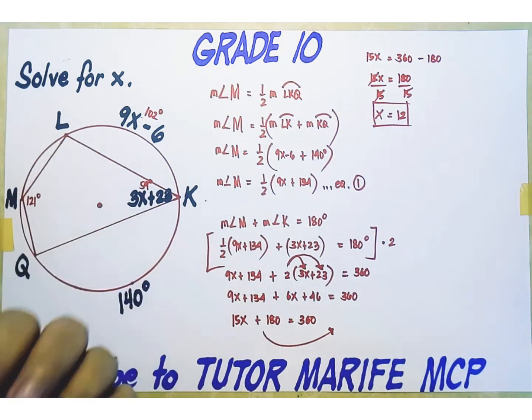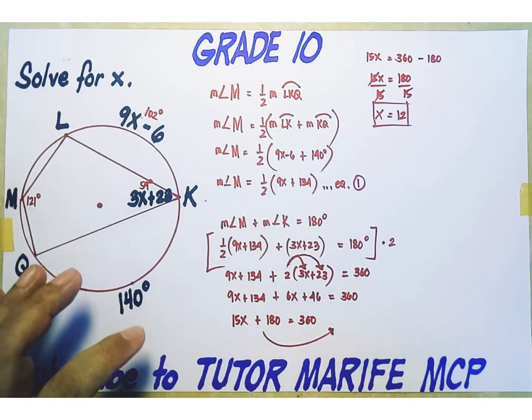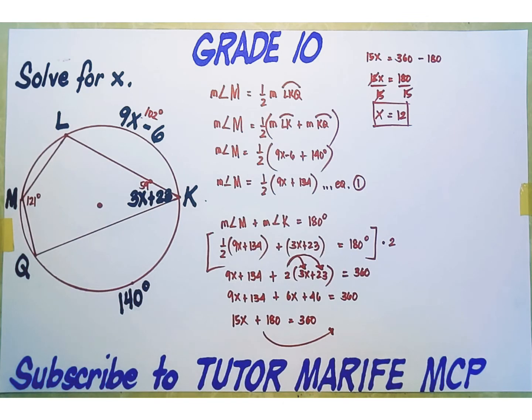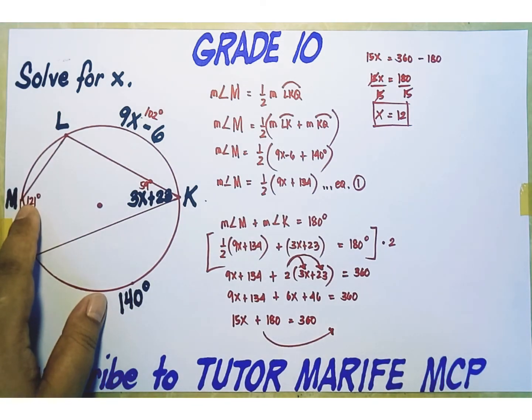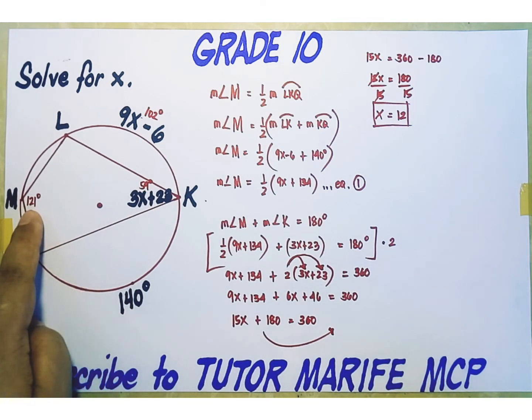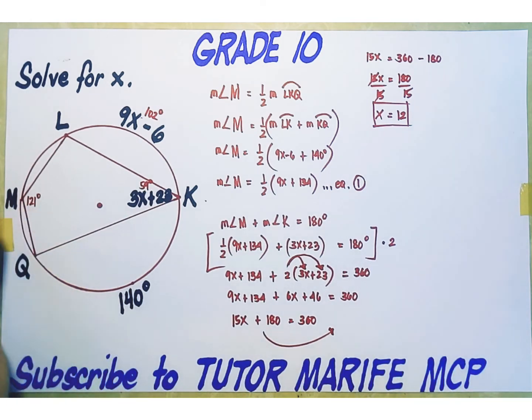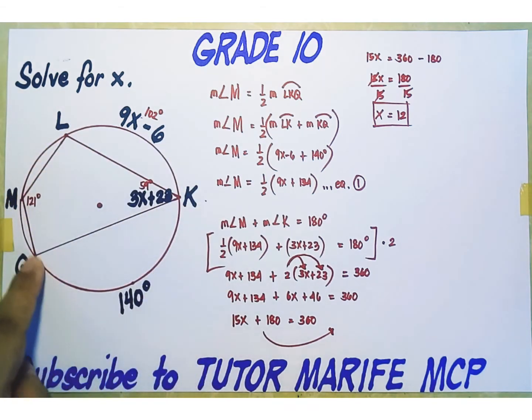Let's review the theorem relating the measure of an inscribed angle and the measure of its intercepted arc. The theorem says that the measure of an inscribed angle is 1/2 the measure of its intercepted arc. Angle M is an inscribed angle. It measures 121 degrees. The intercepted arc of angle M is arc LKQ.